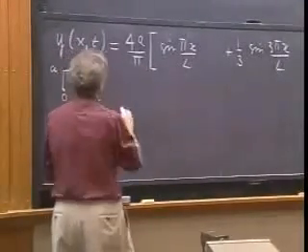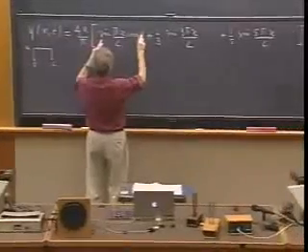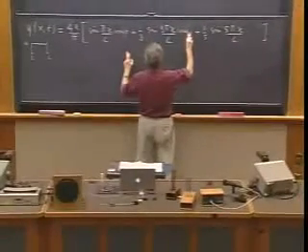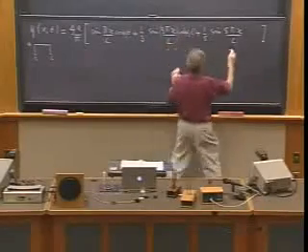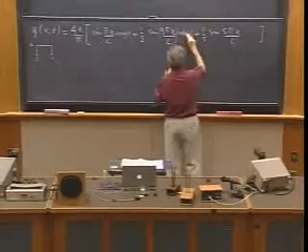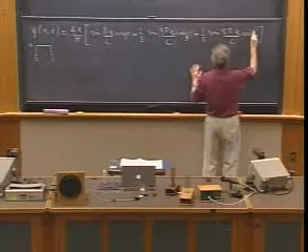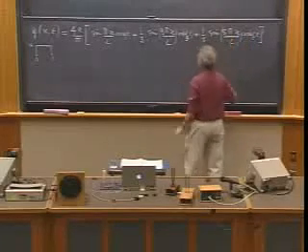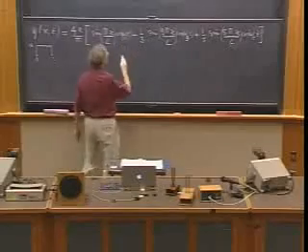And what happens now is that this one is going to oscillate with omega 1t, this one with omega 2t, and this one omega 3t, and this one is going to oscillate with cosine omega 5t. Each one of these is a standing wave.